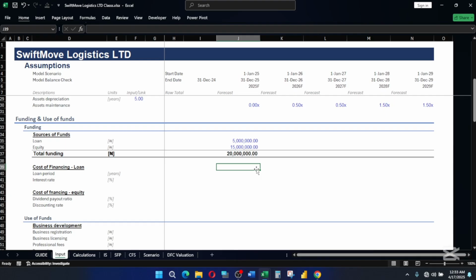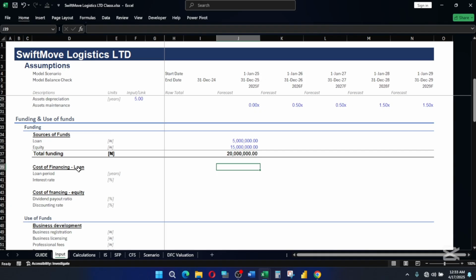So we have 20 million naira. So that is just it about the funding. Remember, everything here is assumption. We have not started calculations yet until we build our assumptions first. Now, since we have gotten this, on to the part of the cost of financing, which is the cost of loan.